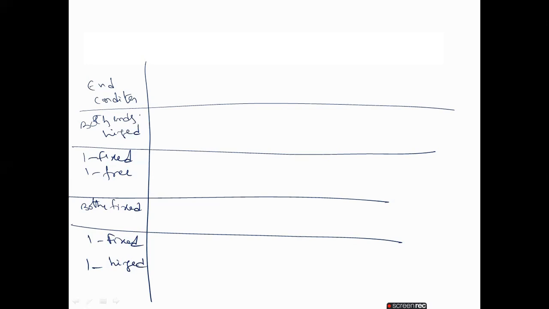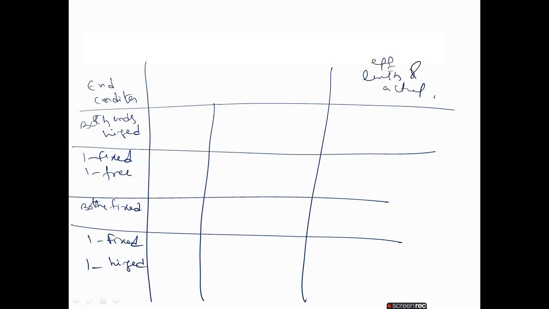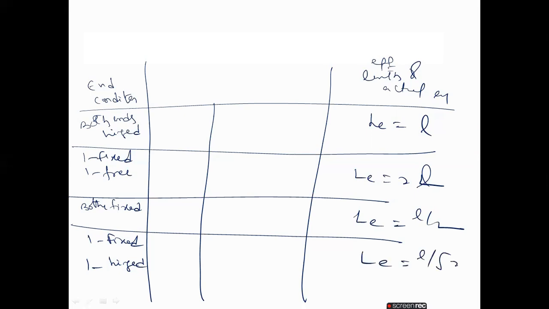The crippling load in terms of actual length and also in terms of effective length, how will we calculate it? Here is the relation between the effective length and the actual length. Here LE equal to L, in this condition LE equal to 2L, in this condition LE equal to L by 2, and in this condition LE equal to L by √2.